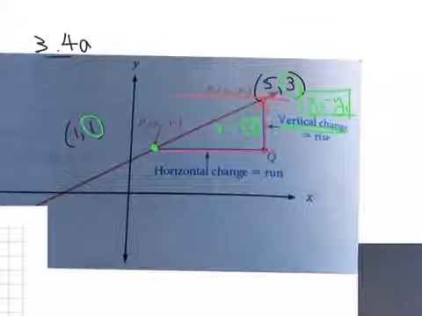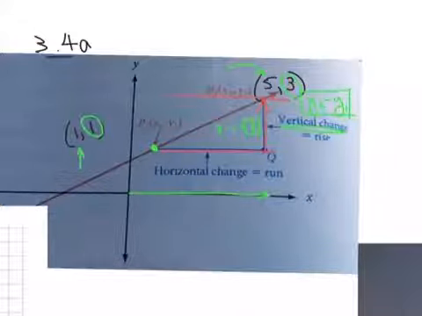Let's do the same thing over here. We already determined that this x is 1 and this x is 5. So the horizontal change would be how far we went to get here. We went 5 minus how far we went to get here, which in this case is 1.